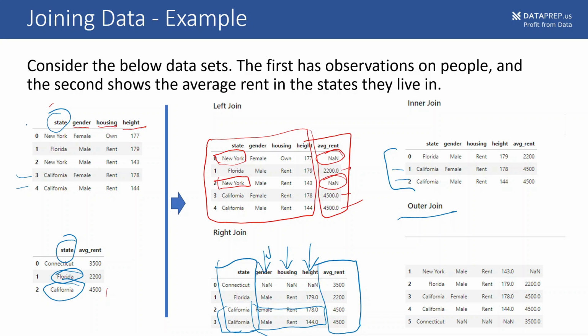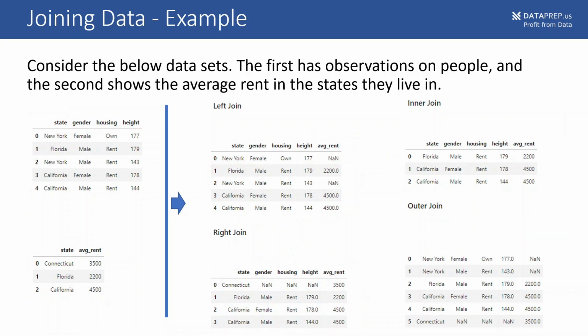When I do an outer join, it includes all of the rows here as well as here. When I look at the join, I find that I take all the rows that appear here as well as here, and I combine them into a single data set here.